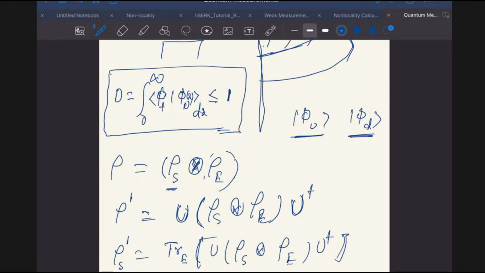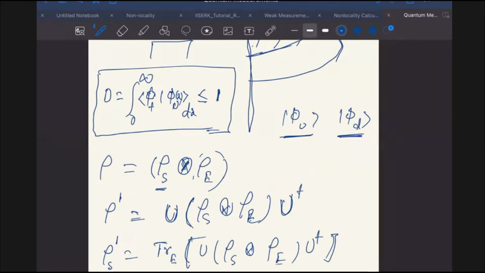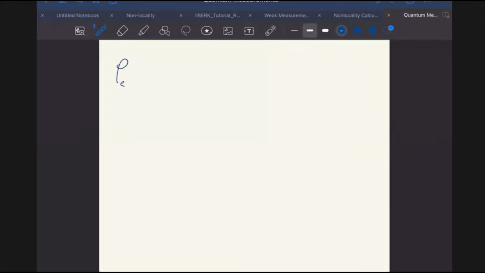So this is my whole thing. In the partial trace, what we really do is that we have state vectors in that environment, the complete set. We just take the inner product over all the basis vectors of the environment. So let me do this. The environmental state will be what?